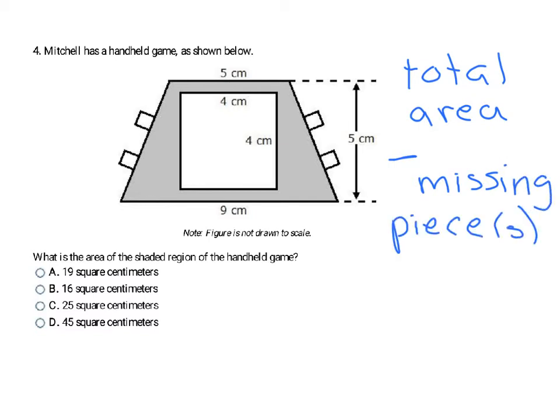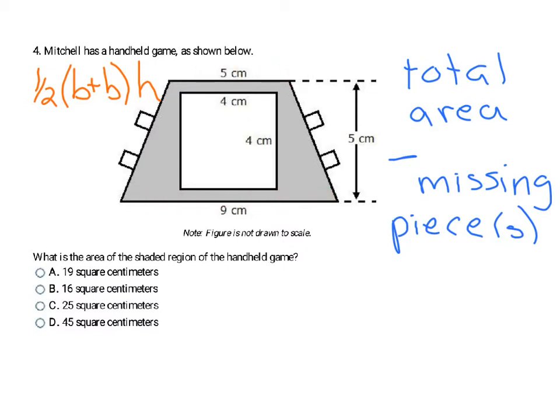So in this problem, the total area is a trapezoid. And the area formula for trapezoid is 1/2 times the sum of the bases times the height. And the bases are the two sides that are parallel. So here that would be the 9 and the 5.